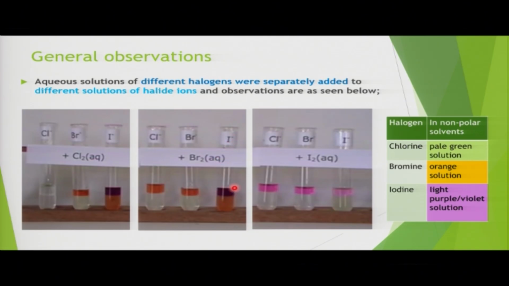Then for the iodide, it is turning purple, similar to the one with chlorine water. Lastly, where we added the iodine water, we're seeing the purple or violet solution, indicating it's just the iodine in it. Remember the color changes here.